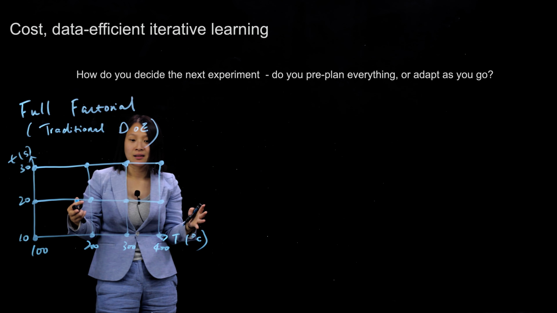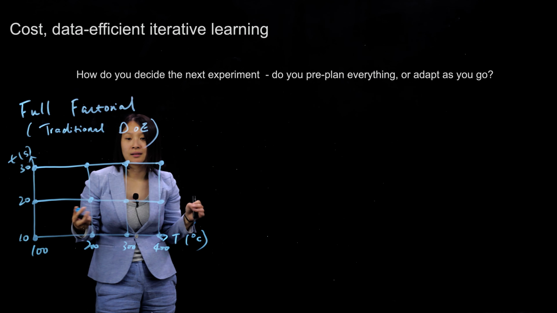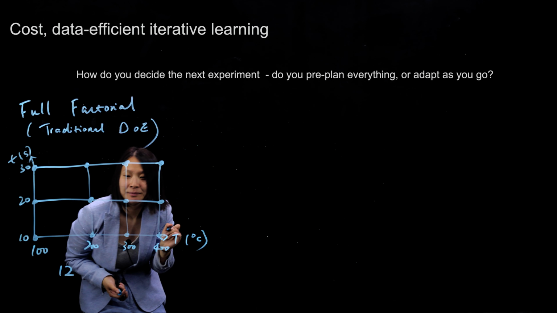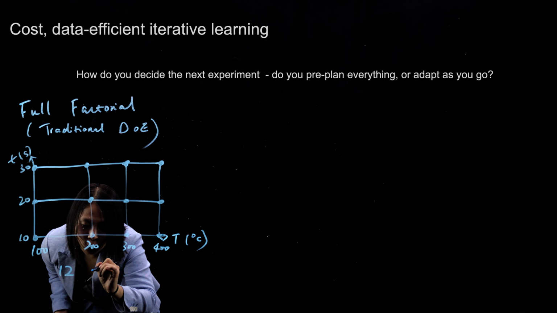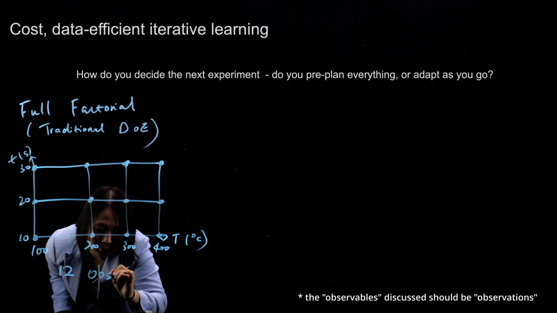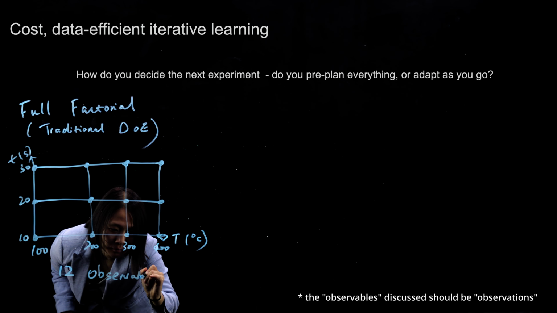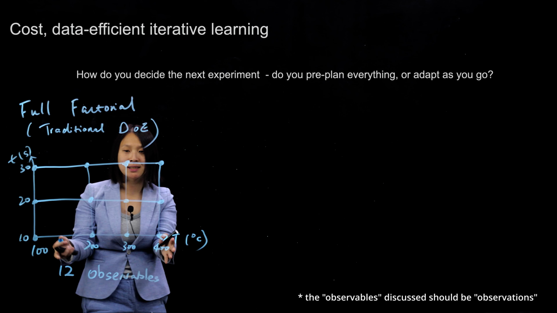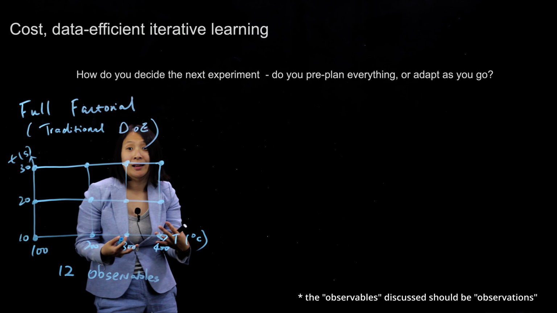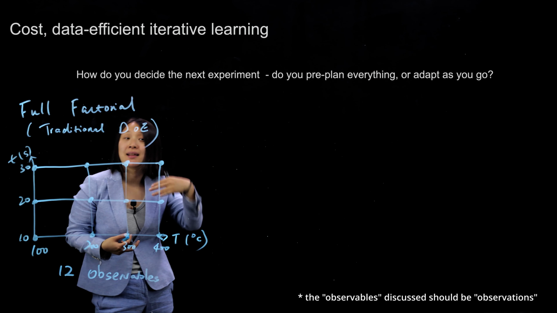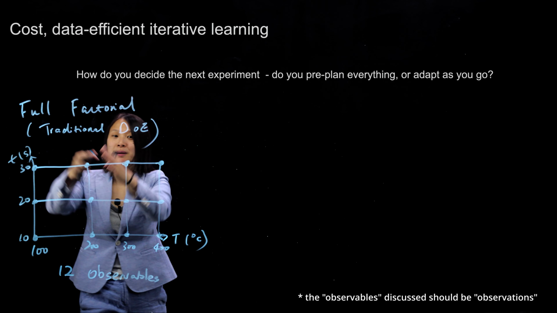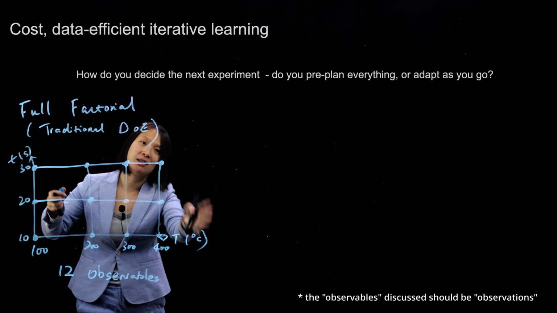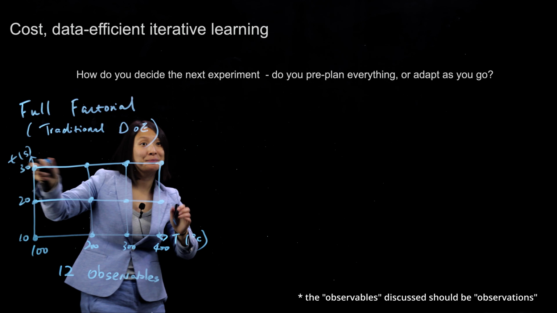So what we are doing is collecting 12 experiments, and that leads to 12 observables. And we learn from these 12 observables, and that gives us the expected and then later on predicted landscape, showing how our property of interest changes as a function of temperature and time.